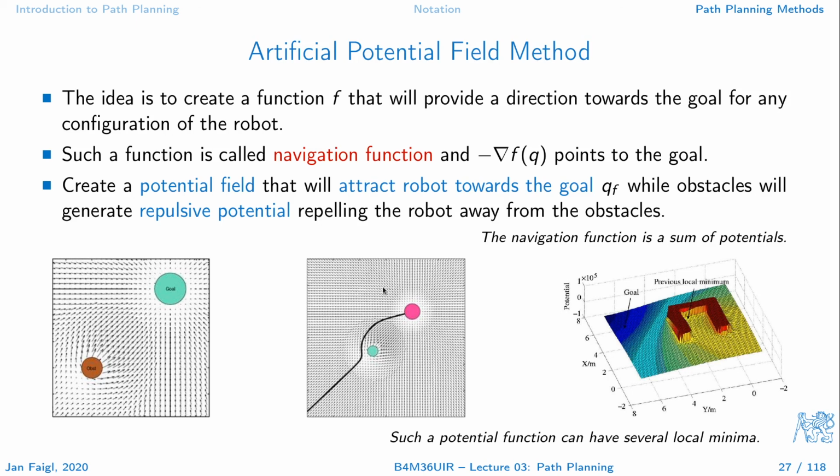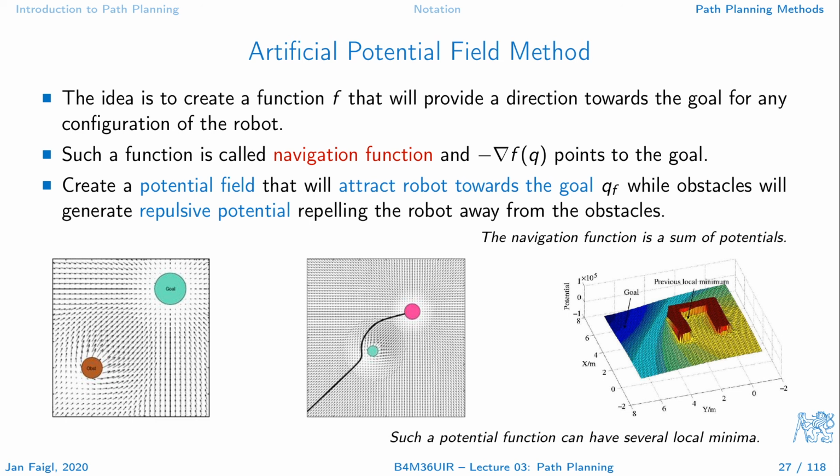The artificial potential field method is a general concept where the idea is based on the navigation function. We will create a potential field that attracts the robot towards the goal, and because we like to avoid the obstacles, we will create a repulsive potential to push the robot away from obstacles.